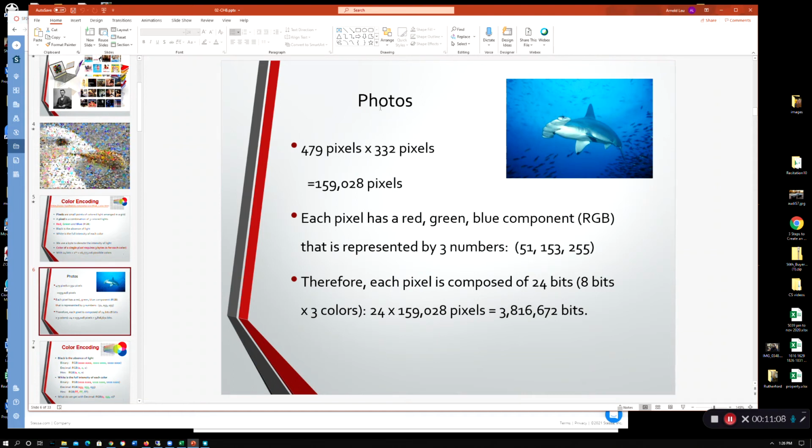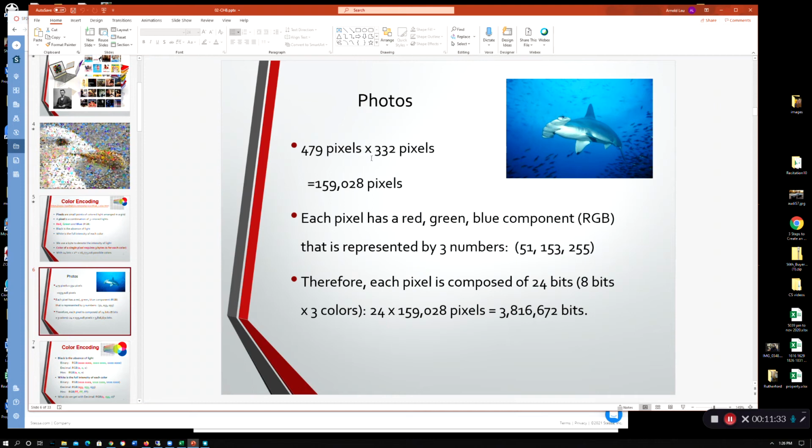So we start off with photos here, and the idea with video is it just makes it an extra dimension, okay? So let's say this photo has an X and Y component to it. You say it's 479 pixels by 332 pixels.